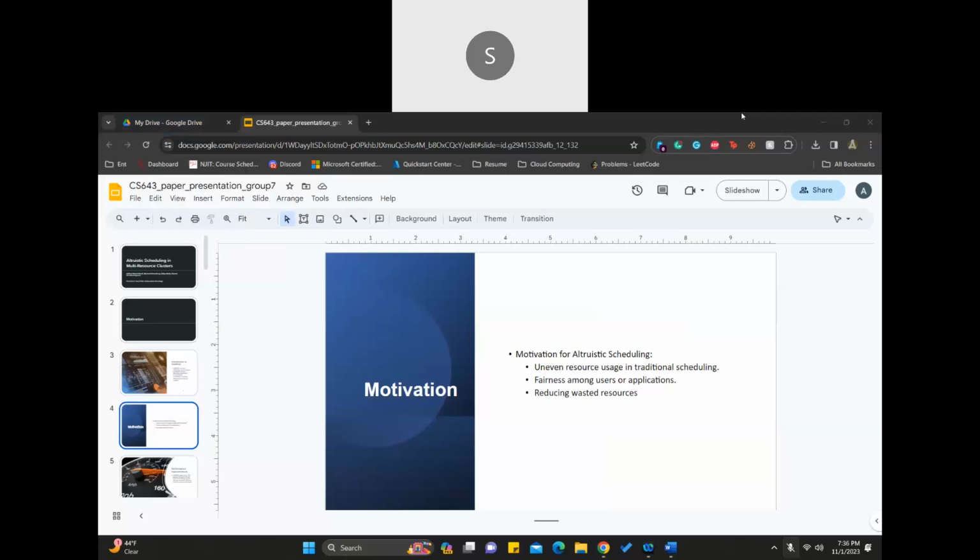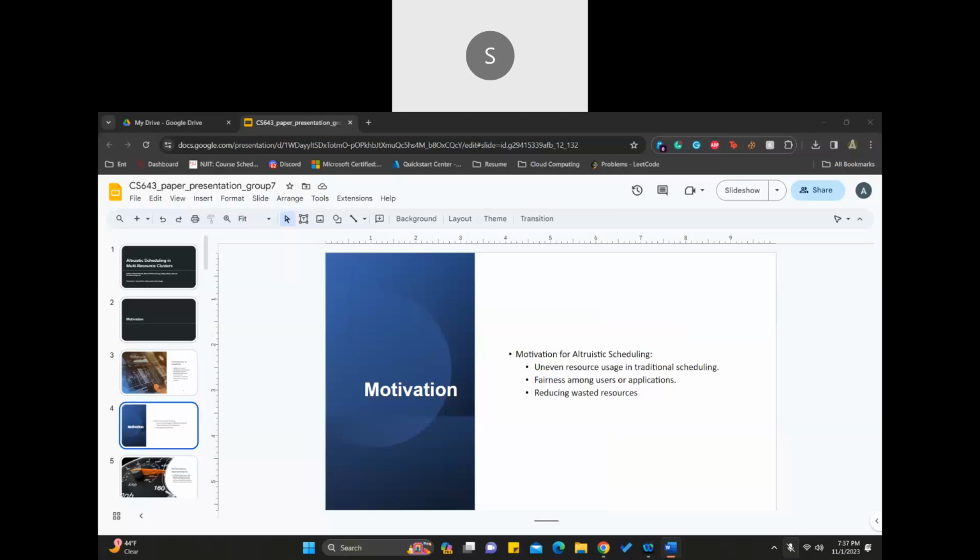To go into more detail, uneven resource usage in traditional scheduling means that in many conventional methods, resources are not always distributed evenly. Some tasks might receive more attention and resources, while others are left waiting. The second key point is fairness among users or applications.